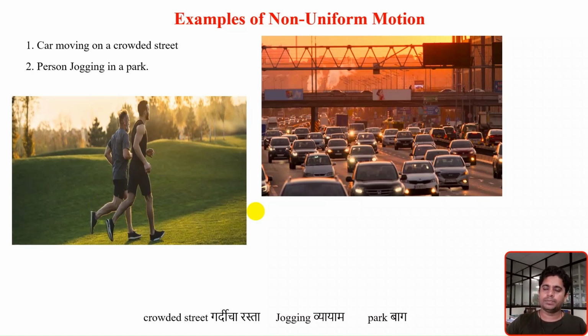And after that, once you feel fresh, we will start our running exercise again, or sometimes we will walk very slowly, right? These kinds of variations we do when we go to the park for exercise or jogging. So the motion we are doing there is itself an example of non-uniform motion.